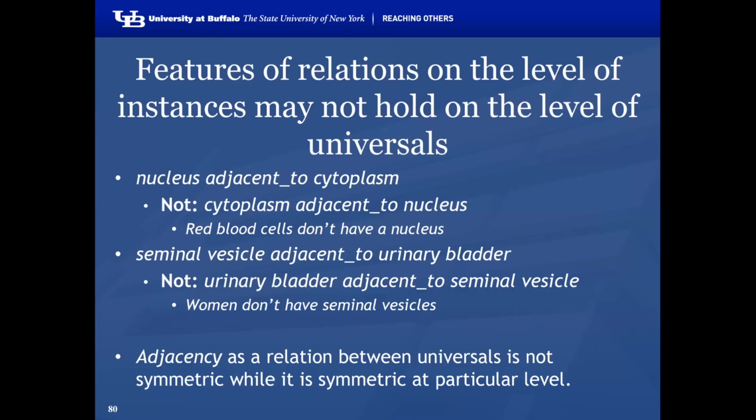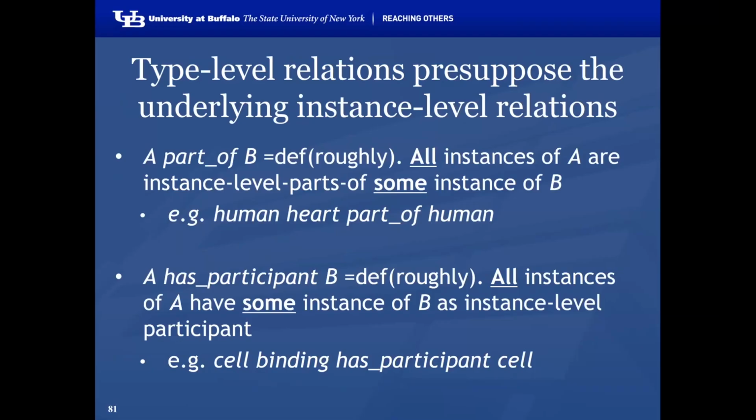So at the particular level, the relationship is symmetric. At the universal level, it isn't. That's why you always need to read those things using all-some predication. A part of B needs to be read as: all instances of A are instance level parts of some instance of B.